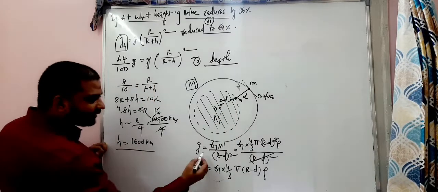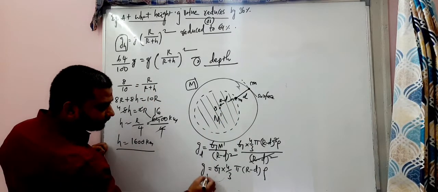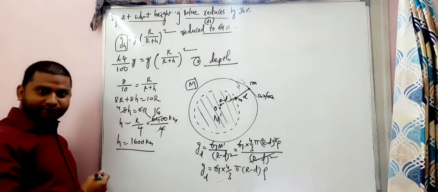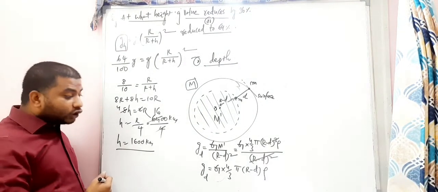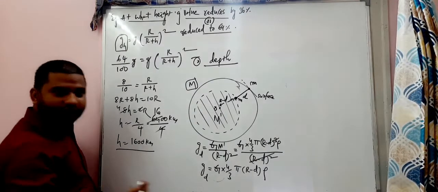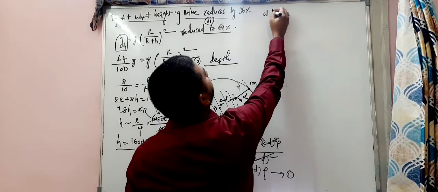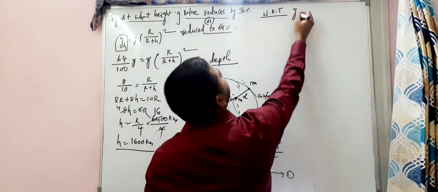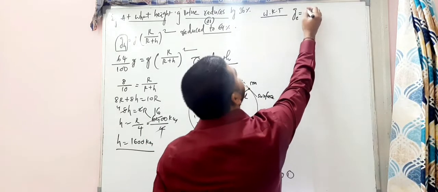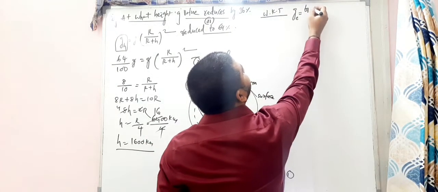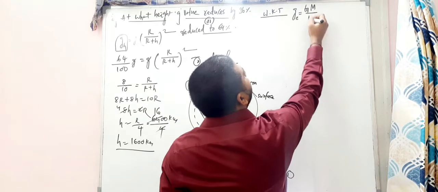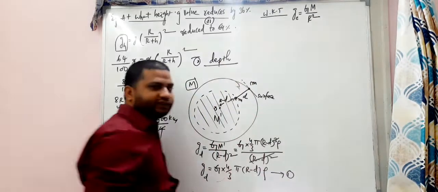What is that? Acceleration due to gravity at some depth. This is equation number 1. And you know acceleration due to gravity on the surface, which is equal to G into M by R square on the surface.